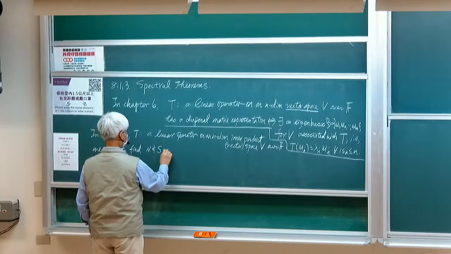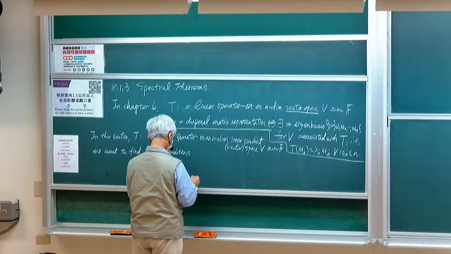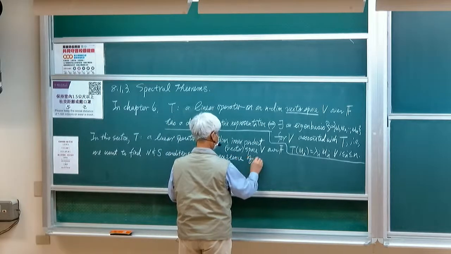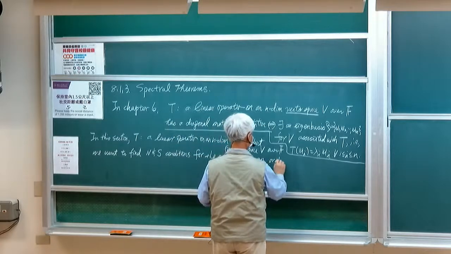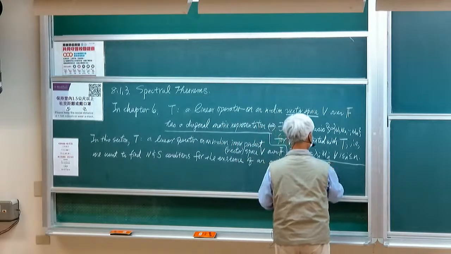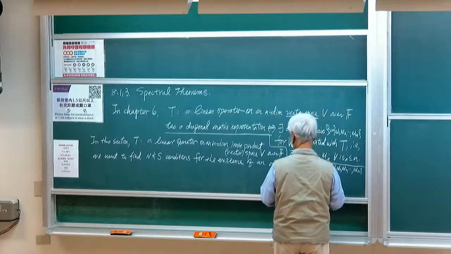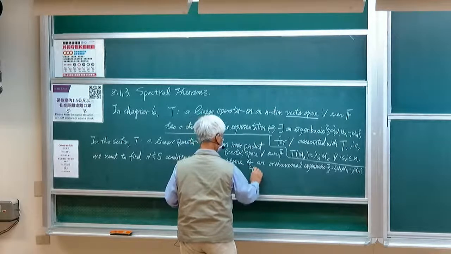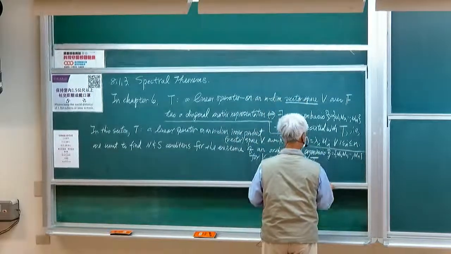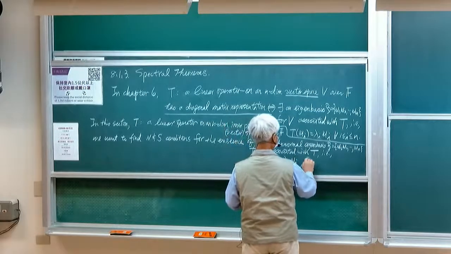for the existence of an orthonormal eigenbasis for V associated with T, i.e. that T ui is equal to lambda i ui for all i.